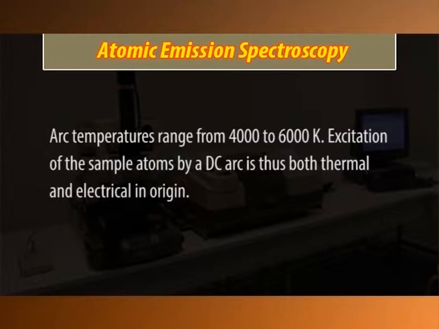Excitation of the sample atoms by a DC arc is thus both thermal and electrical in origin. The resulting plasma of high velocity ions, electrons and atoms produces the atomic emission spectra.